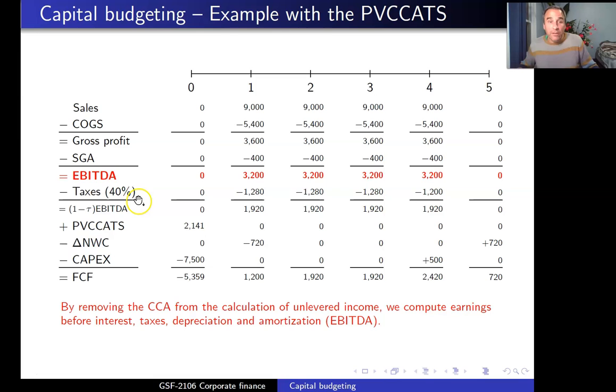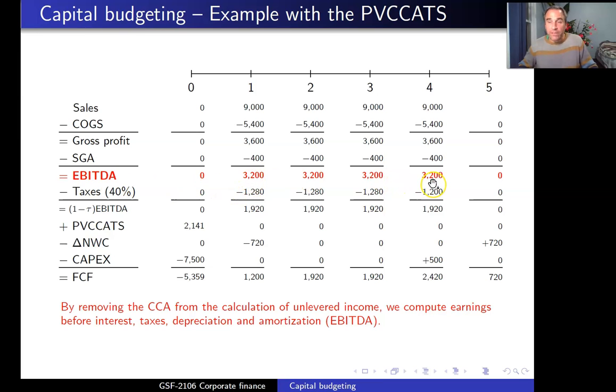Now, instead of considering earnings before interest and taxes, because we do not subtract CCA depreciation in years 1, 2, 3, 4, 5, what we compute here is EBITDA, earnings before interest, taxes, depreciation, and amortization.